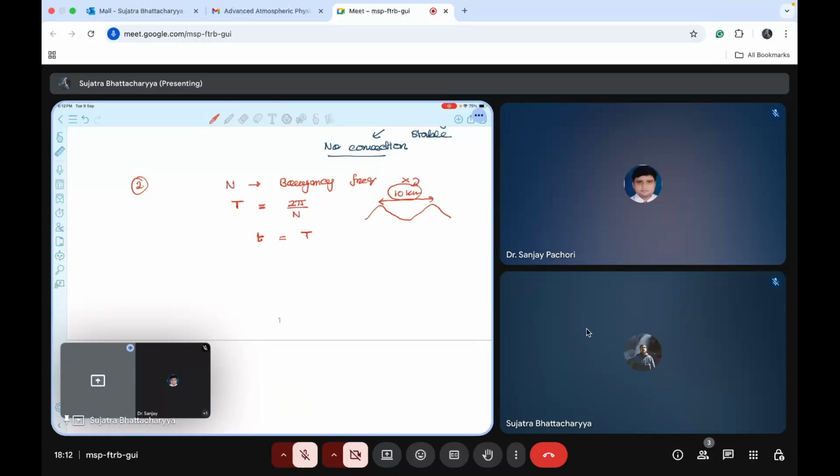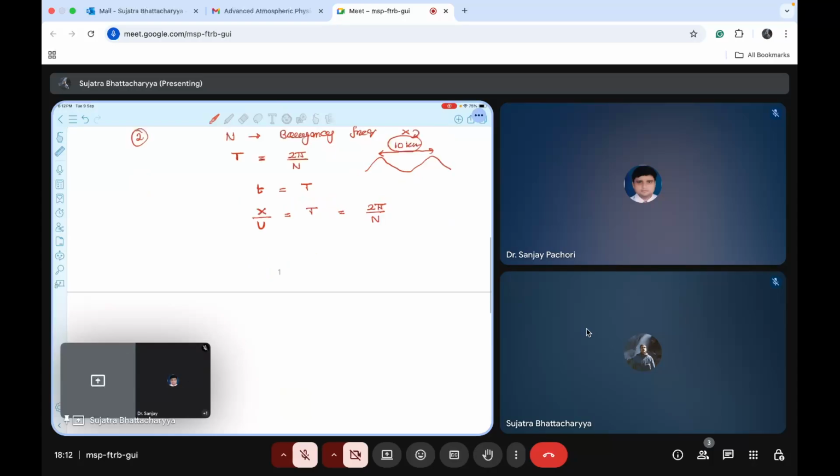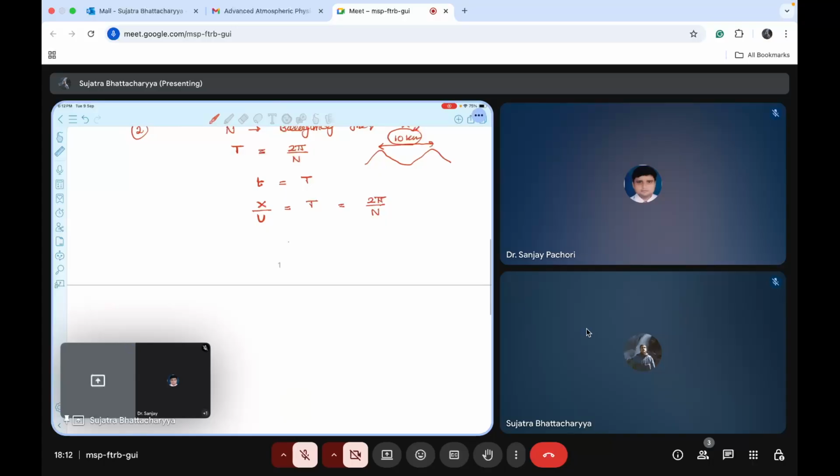And how can we write small t? Simple definition: x, the distance between the two regions, divided by the velocity U. That should be equal to capital T, which is 2 pi by N. Now U is what I require. So it should be N x divided by 2 pi.